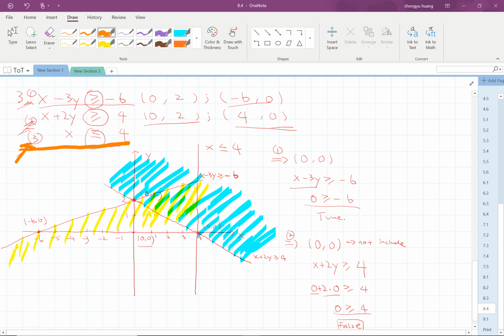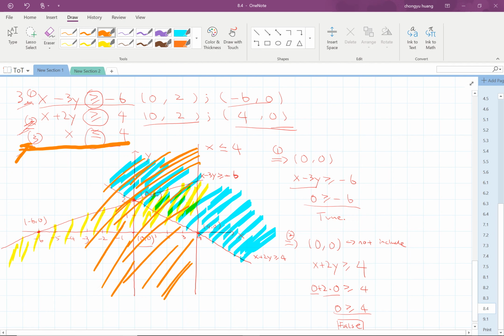It's less than or equal to, which means we're going to cover all the area somewhere over here. It's less than or equal to 4. I know it's a little bit messy, but this is basically how it is: x is less than or equal to 4. This is going to be the whole area.